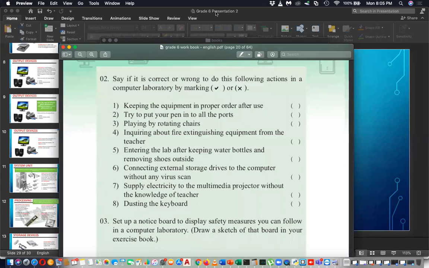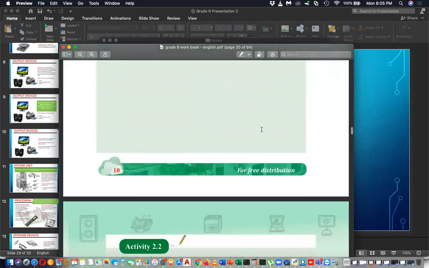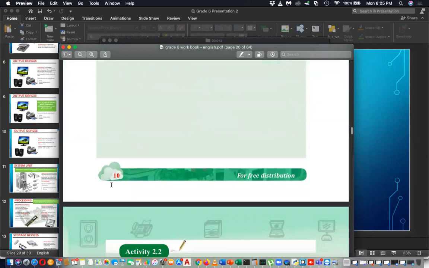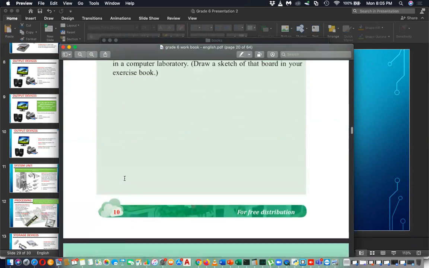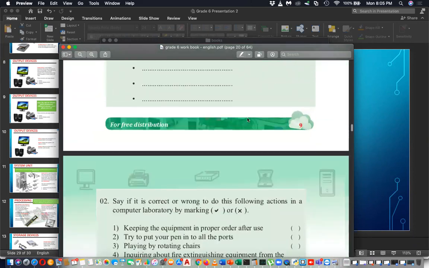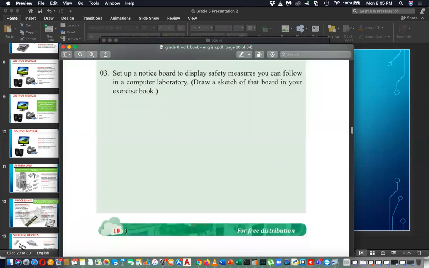Which page? Page number 19 and 20 of the workbook. If you are referring to this number, it is 9 and 10. If it is a PDF, it is page 19 and 20, but if it is the printed version, page 9 and 10.